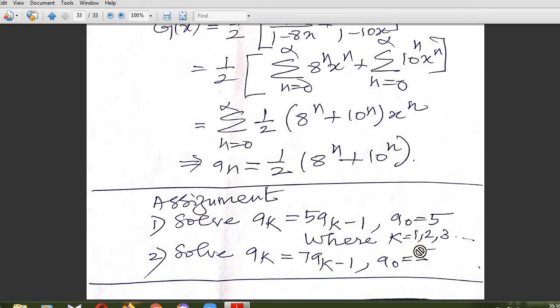So find out the solution for these two, and you can discuss with each other whether all of you are getting the same answer or not.